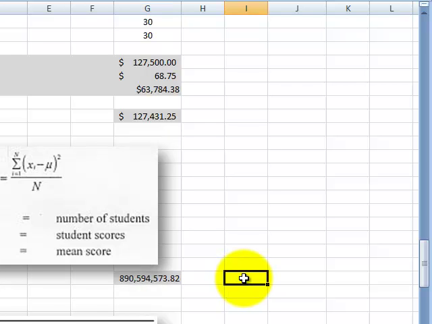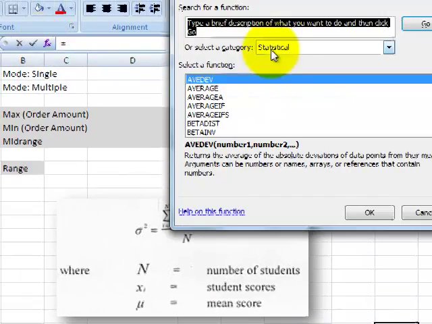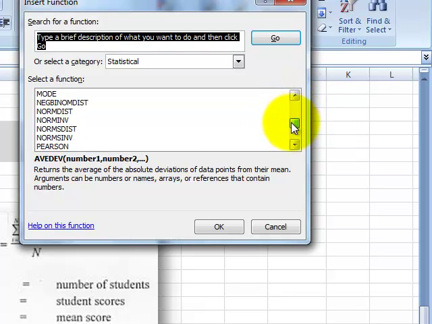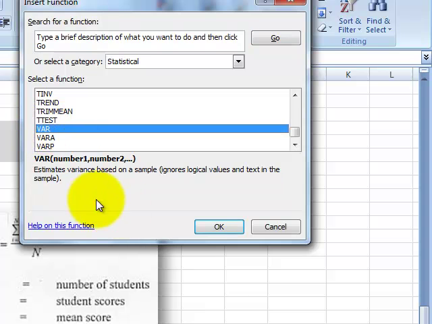Excel changes from version to version, so sometimes it's called var.s, some versions it's called var. What you need to do is just go up here, and I usually go to the statistics, and I go down here, and I go to variance, and it tells me based on a sample.